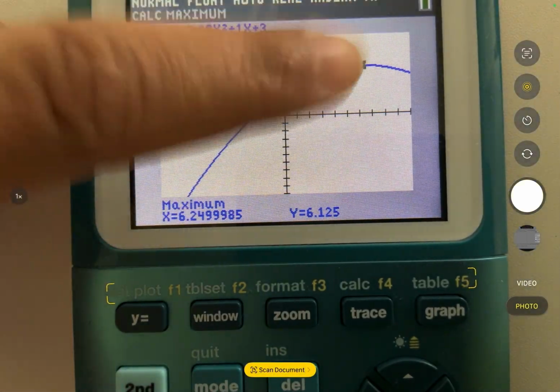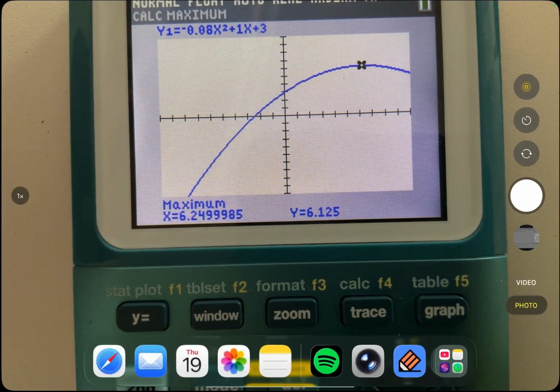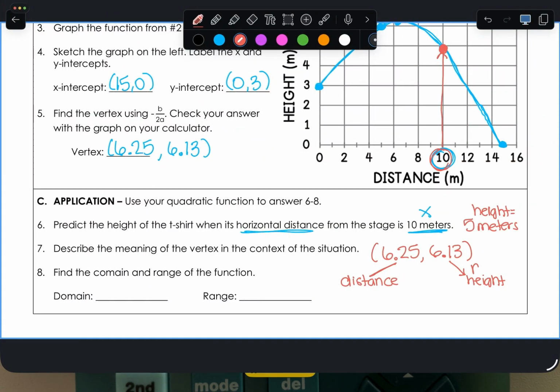This one is a max. So the height is a max height. Maximum height. So the maximum height is 6.13 meters at a distance of 6.25. That's the type of sentence you would be looking for. Because there's answer choices that would say a minimum height. But this is a max height.